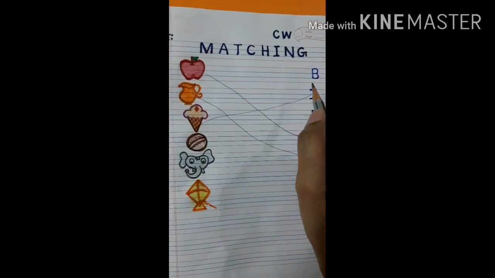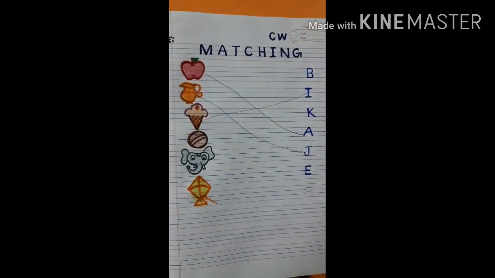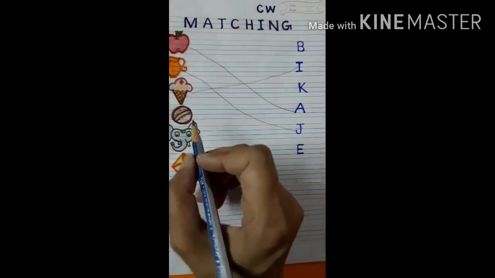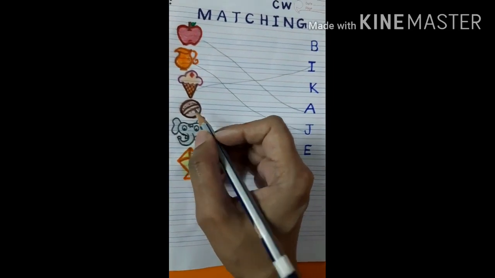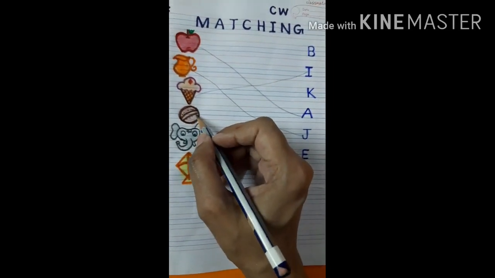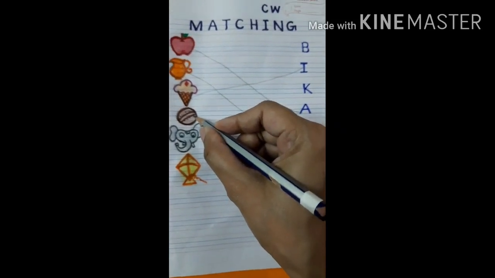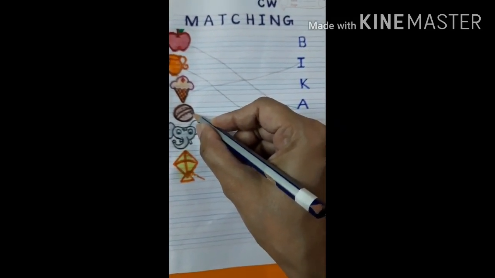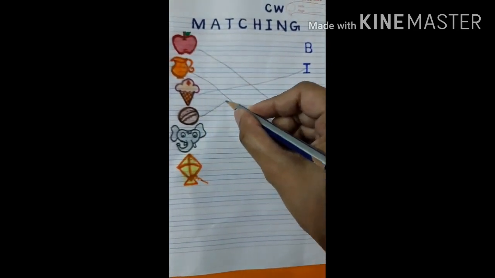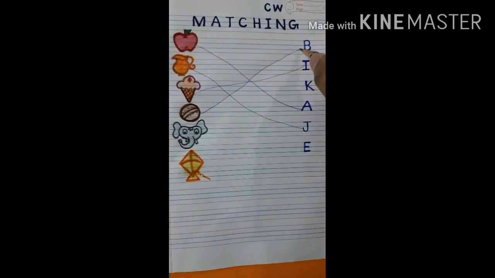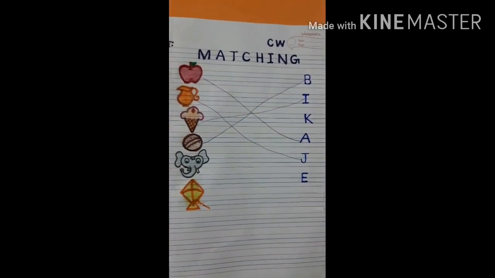Letter B. Now keep the pencil on picture ball. Let's go and match ball with letter B. Like this.